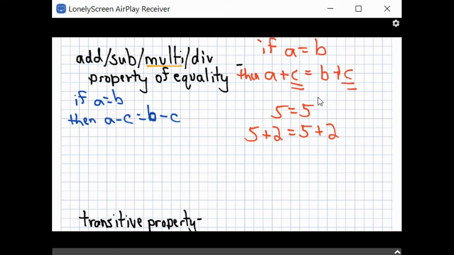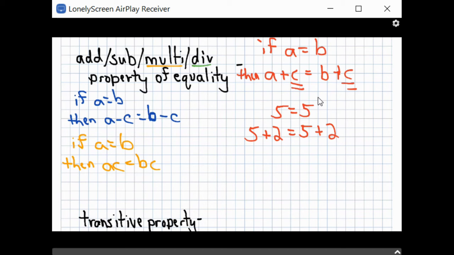Multiplication, same idea. If A equals B, then A times C is still equal to B times C. Again, algebra taught us if I multiply one side by something, then I just need to multiply both sides by it, and I haven't changed the equation.